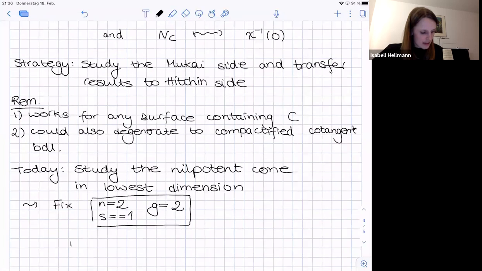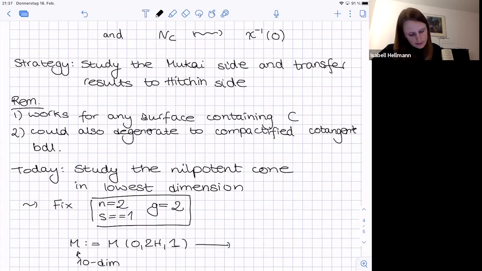Okay, so this means now I deal with a 10-dimensional space, fibered over the linear system 2 times h, which is 5-dimensional projective space.